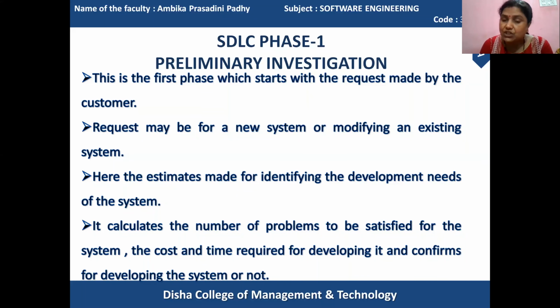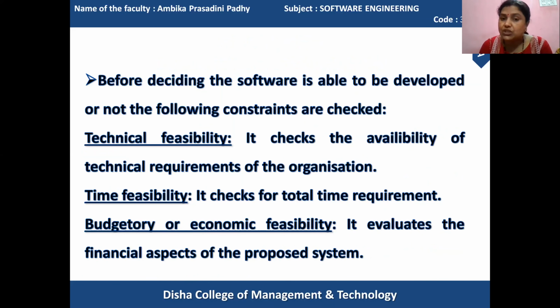In preliminary investigation, whether the information can really be converted into a system or not can be checked through certain constraints like technical feasibility, time feasibility, and economic feasibility requirements. Go through the topics in the last video, then you can better understand how you can identify whether a particular system is feasible or not.